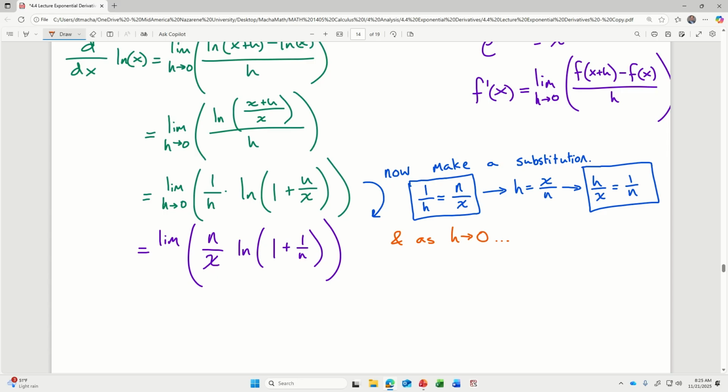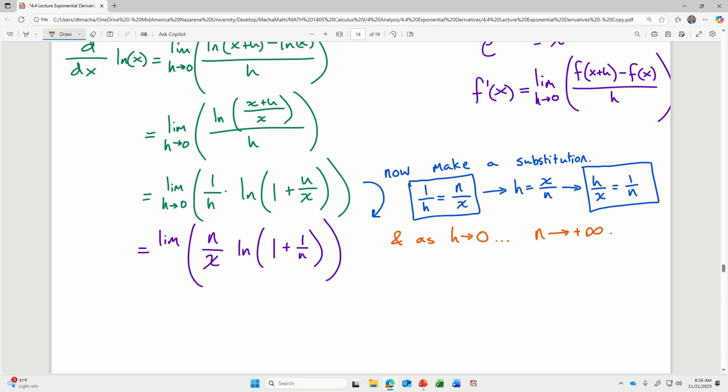If h is approaching 0, what happens to n? If h is approaching 0, then 1 divided by h is approaching infinity, right? So n would be approaching infinity. Make sure you understand why.